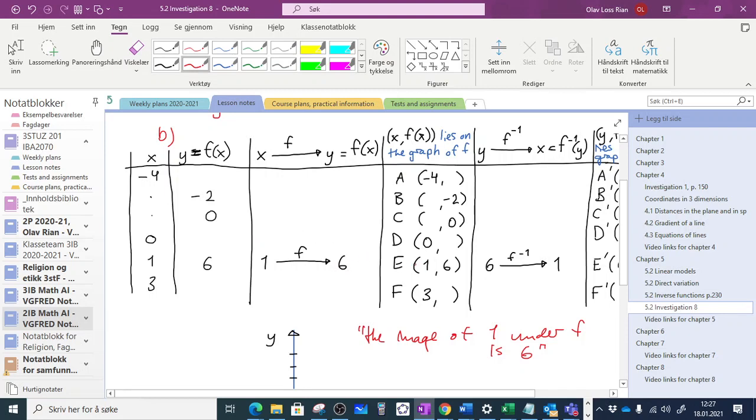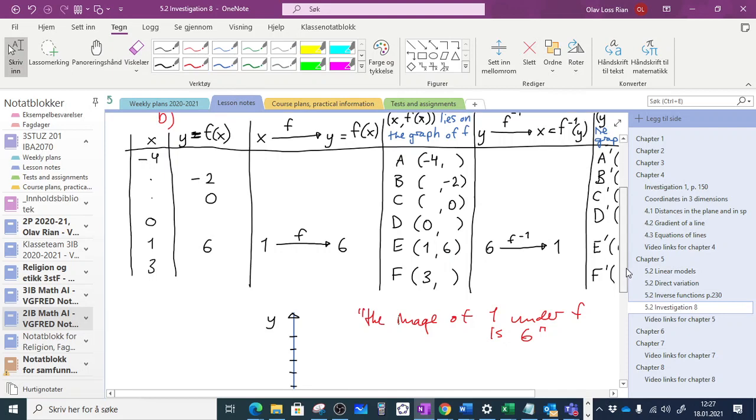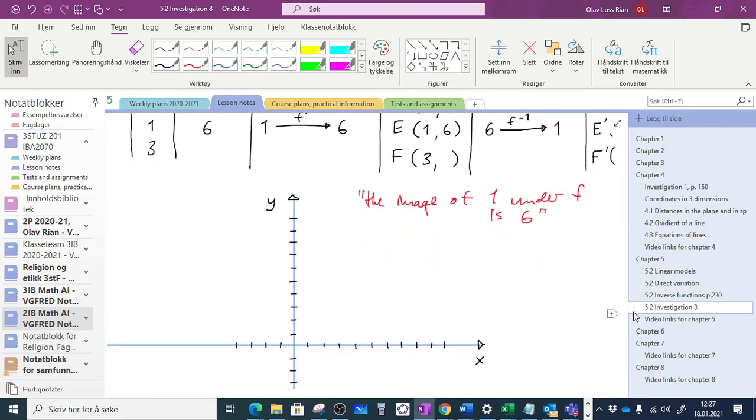And here we can read off the coordinates of a point. The point E of this function has the coordinates 1, 6, and we can plot that point. So the point 1, 6 is going to be over here. So this is the point E with coordinates 1, 6, right here.